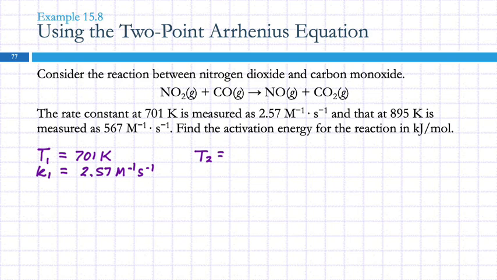Temperature 2 is 895 Kelvin. It's pretty toasty. And K2 is 567 M to the minus 1, S to the minus 1. You want to identify which ones go together so you don't get them mixed up.